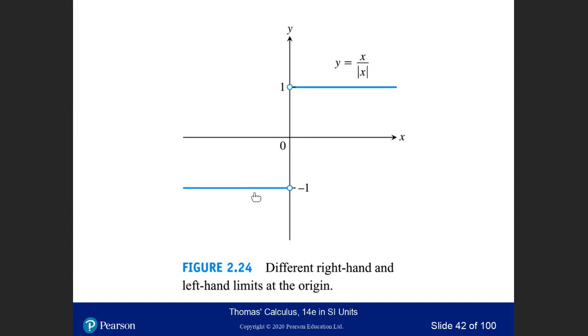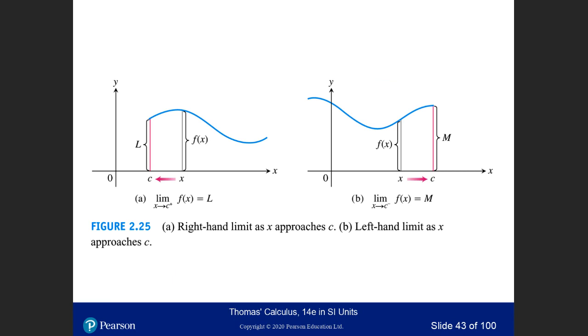But if you approach from the negative values, then the absolute value of x is minus x. x divided by minus x is minus 1. So here you have the left-hand limit as minus 1. So you say that this function does not have a limit at x equals 0, but has one-sided limits. This will be important when we start continuity. Let's continue with the examples.